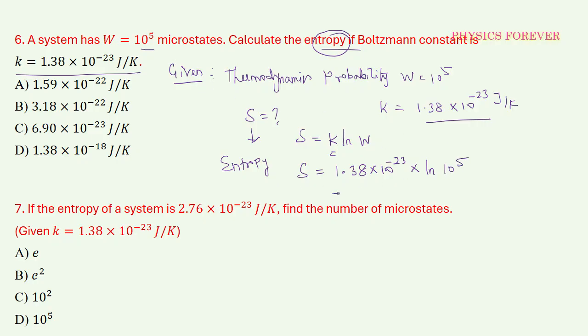We have to get the value, that is 11.515. After substituting, S equals 1.59 into 10 power minus 22 joule per Kelvin. So option A is correct.